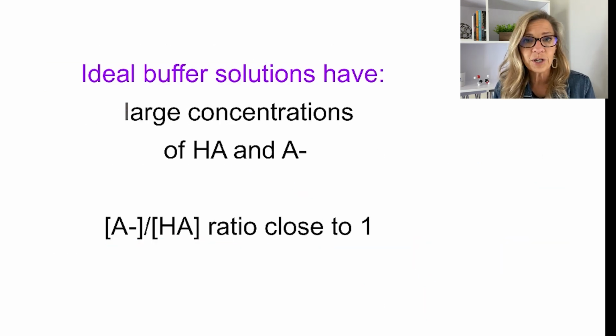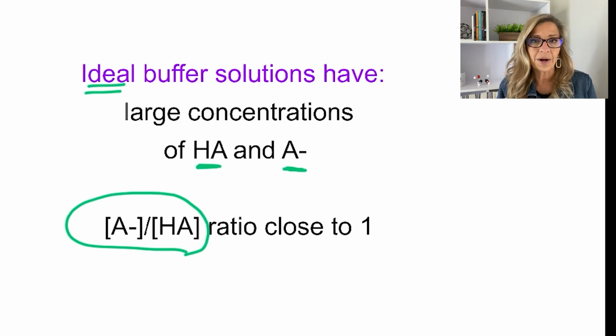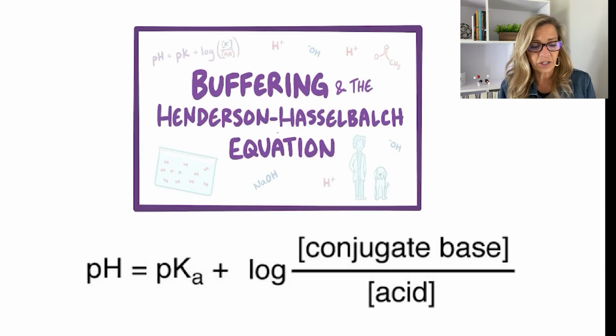Now, a very strong buffer solution, what we would call ideal, has large amounts of the acid and the conjugate base. And an ideal ratio would be close to 1. And I'll show you why that's so magical. Here is the Henderson-Hasselbalch equation, and it is basically a function of the pKa.